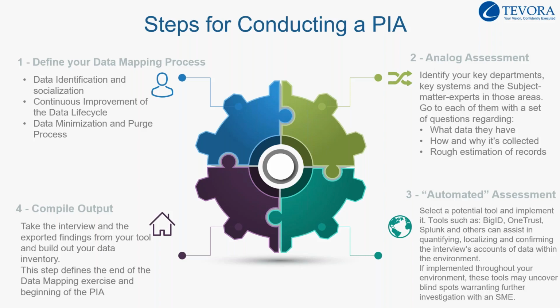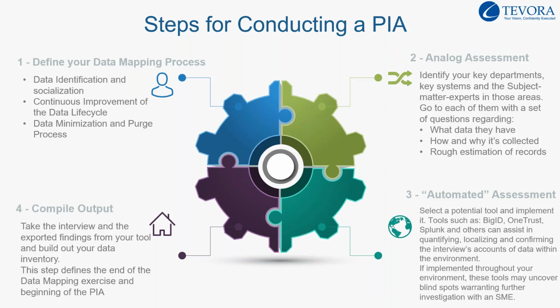Now, one of the best ways to conduct a PIA is going to be through a 2-pronged process. The data mapping process is going to be through an analog assessment as well as an automated assessment. And these are key to work in tandem. So you have the analog, and that's more of the questionnaires, the interviews.